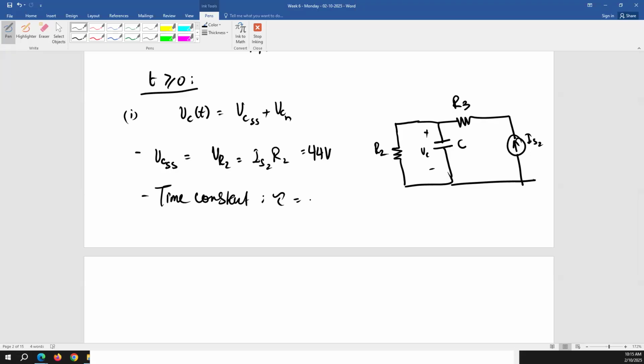All right, Gloriana, what will be the time constant? Answer the question. How do you calculate time constant? What do you do when you're calculating time constant in an RC circuit?